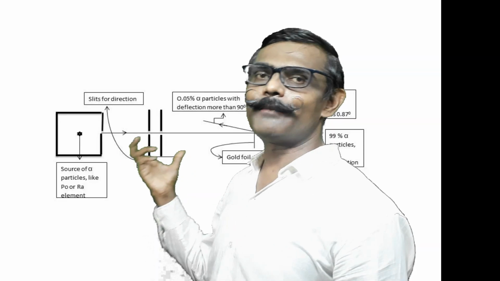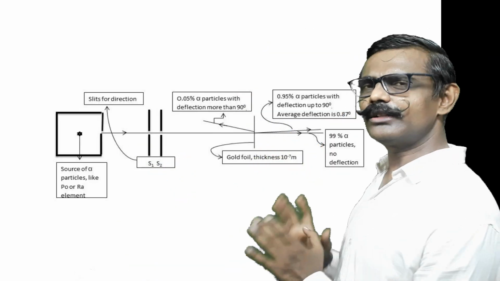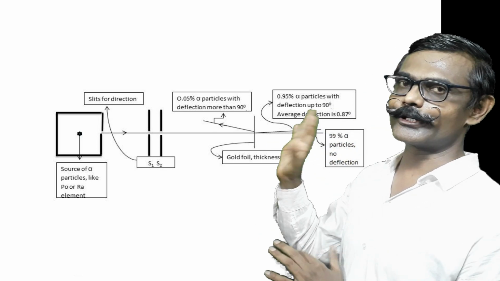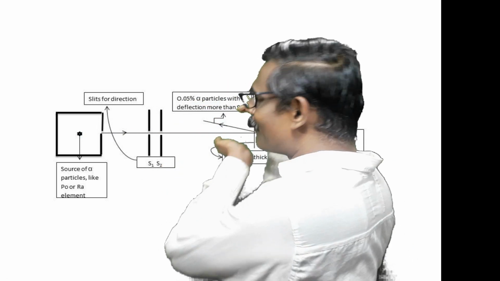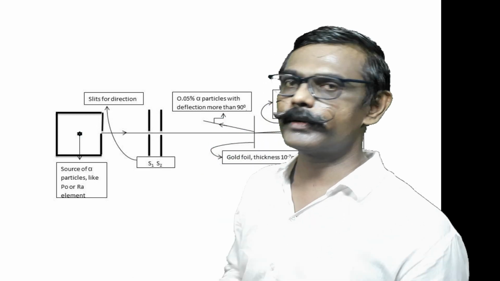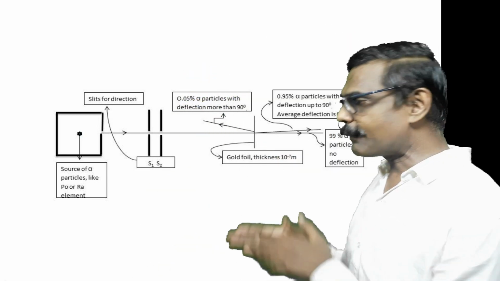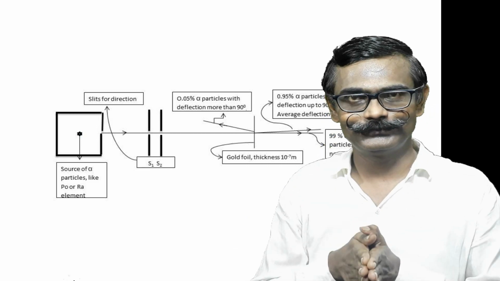They considered a source of alpha particles; radium, radon or polonium are good sources. Schematically it is represented on the left side. They collimated the beam of alpha particles, and in order to give a proper direction, slits are shown there. So alpha particles are now directed properly.